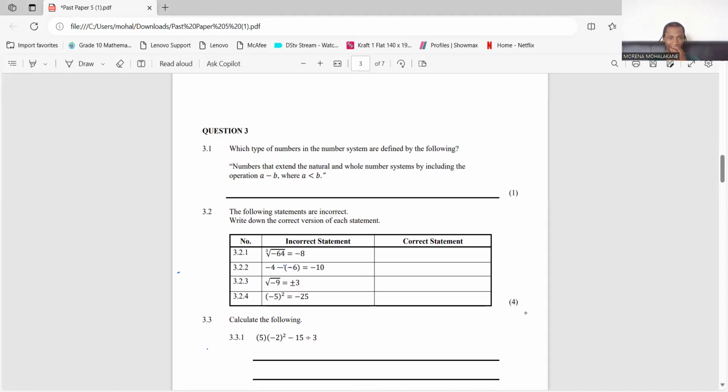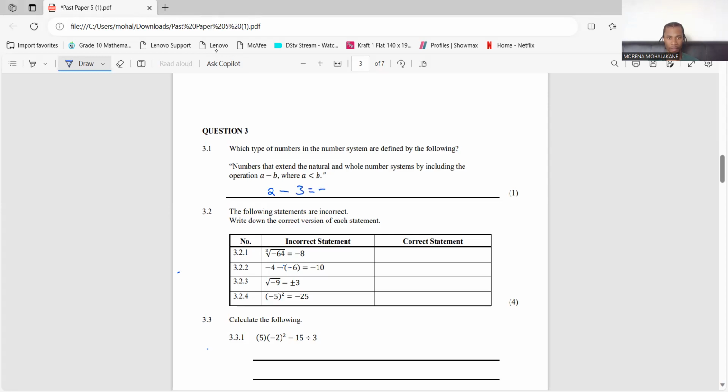If you look at this sort of question, it is saying that A is less than B, and we can subtract B from A. So let's assume A is 2. Then B must be greater than 2. If you take a number greater than 2, it's going to be 3.